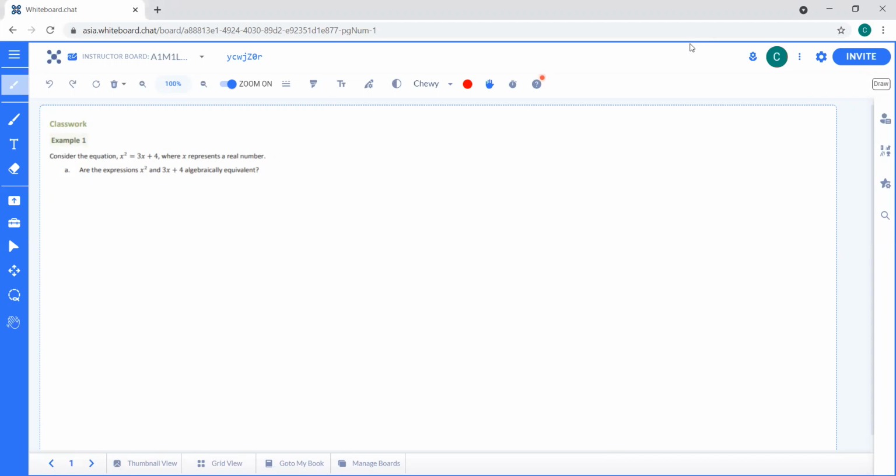Well, right now we would say no, it's not, because we're not given a number for x. So is it algebraically equivalent?